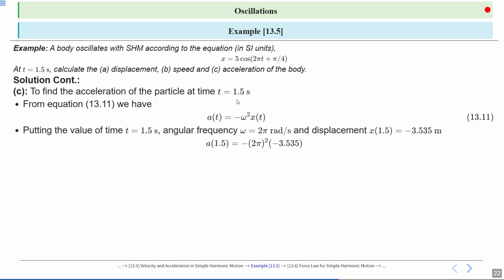So a of 1.5 is equal to minus 2 pi whole square into minus 3.535. Solving this, you will get minus 4 pi square into minus 3.535. So a of 1.5 is equal to 4 pi square into 3.535.